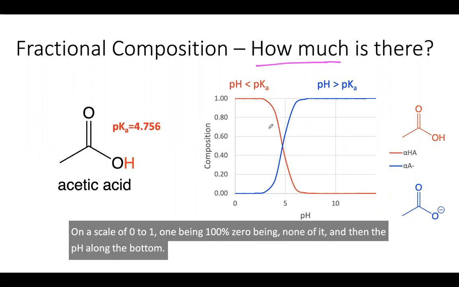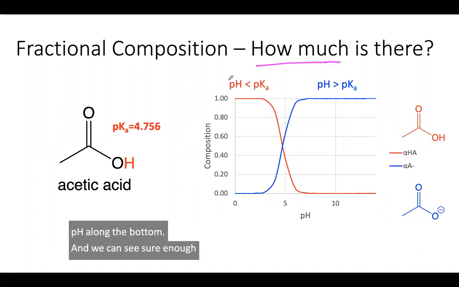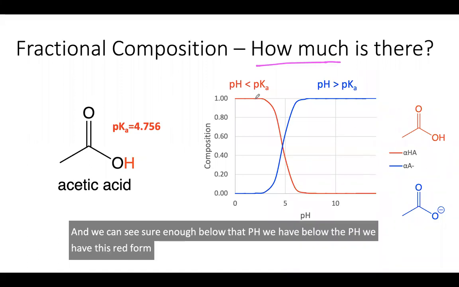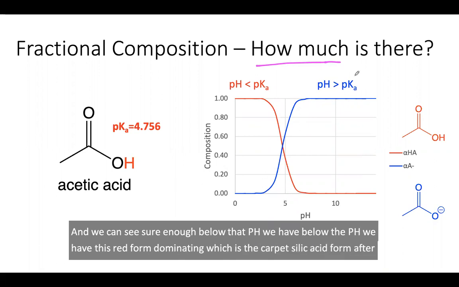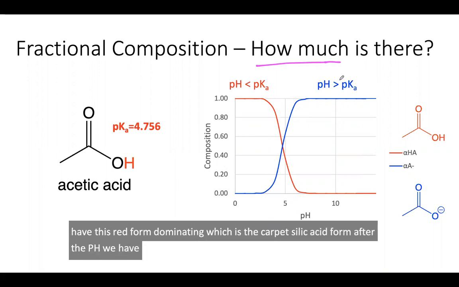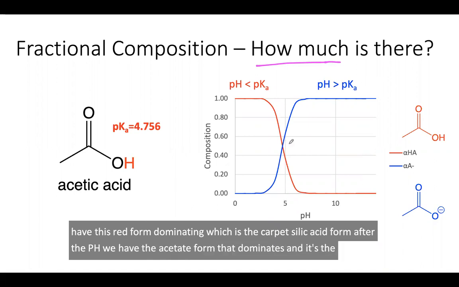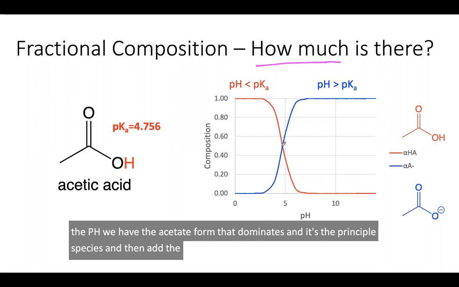And we can see, sure enough, below the pKa, we have this red form dominating, which is the carboxylic acid form. Above the pKa, the acetate form dominates, and it's the principal species. And then at the pH that equals the pKa, we have a 50-50 mixture.